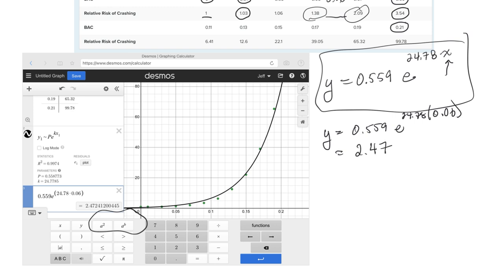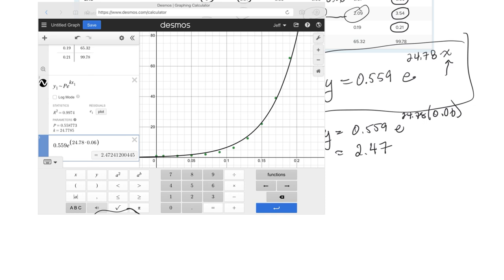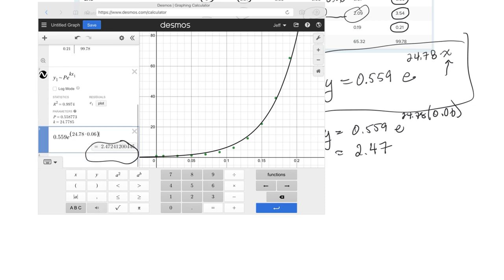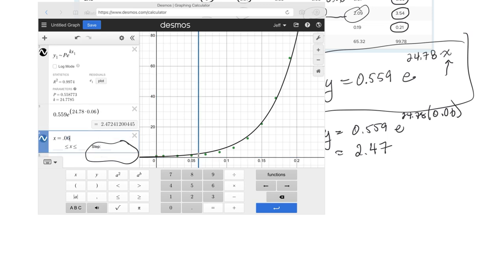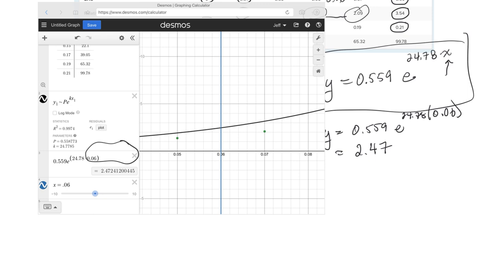Now, another way you could have done that in decimals is to go down, if it let me, and just type x equals 0.06. And then it gives me a line. And notice that those two, if I zoom in a bit there, notice that the 2 dots there are lower than what the average line is, or what the regression line is.